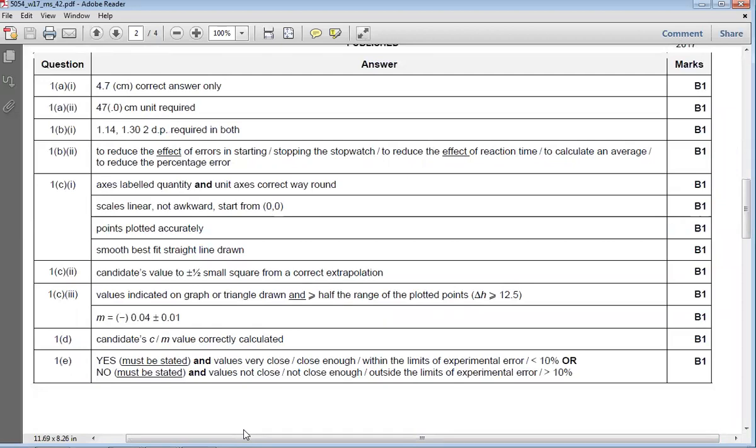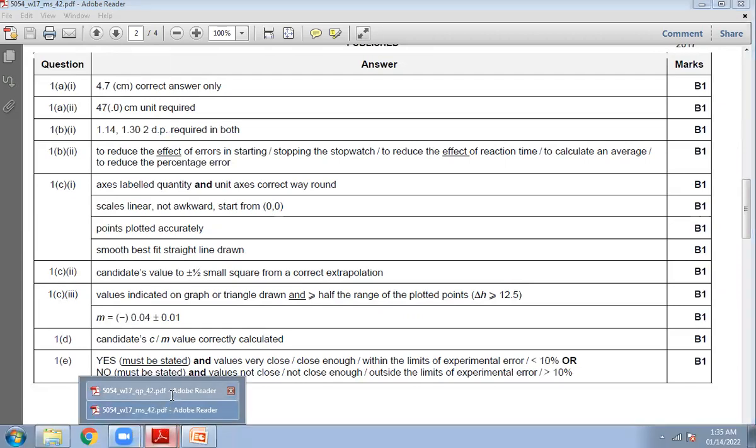I have already checked my answers with the marking scheme, so they are good. You can also check your answers. You can check my answers as well. And whenever you solve a paper, whenever you do a question, always check your answers, match them with the marking scheme. It's very, very important.